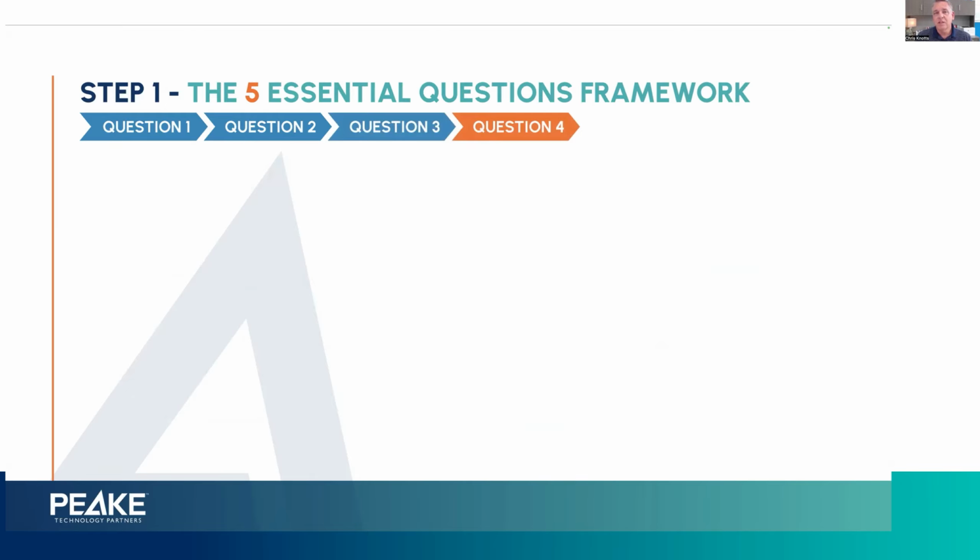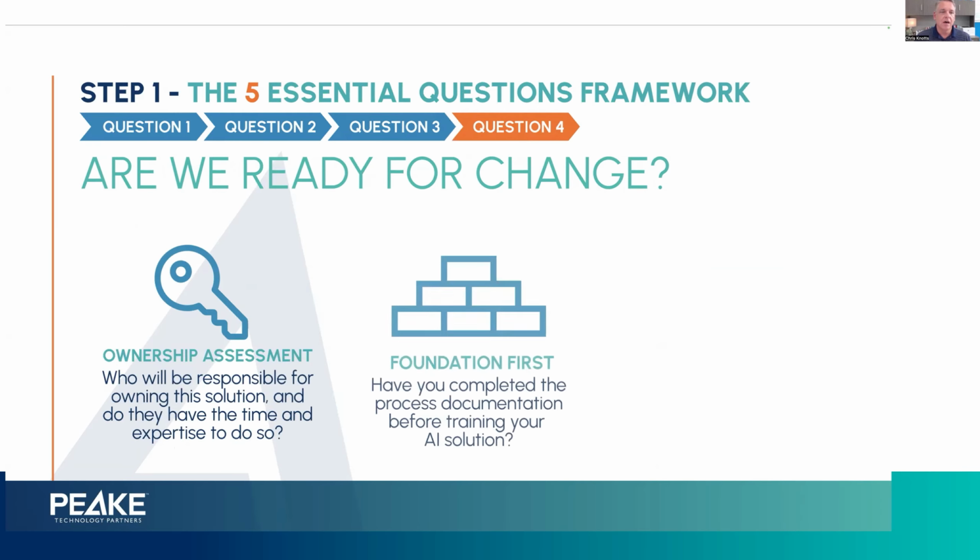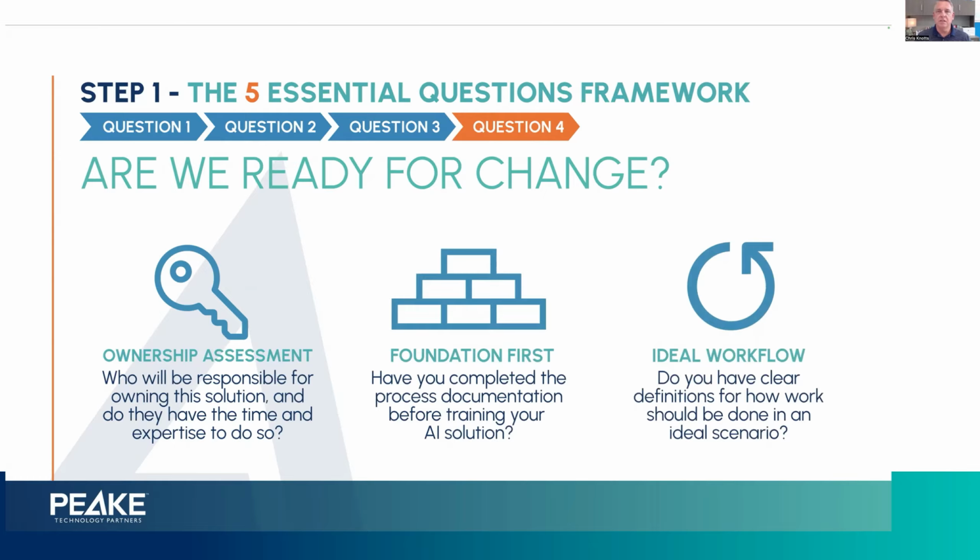The fourth question really speaks to your organization and the culture and the willingness for change. Are you ready for change? Is there a foundation to build on within the organization for change? Do we have clear ownership of the process of moving this AI solution from concept or identification through to implementation and measurement? Do we already have processes in place and documented?